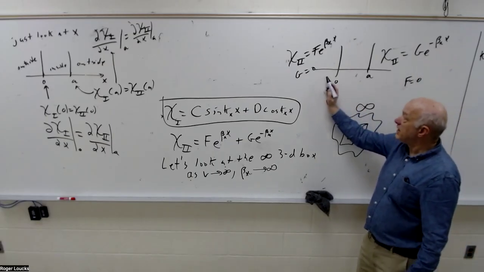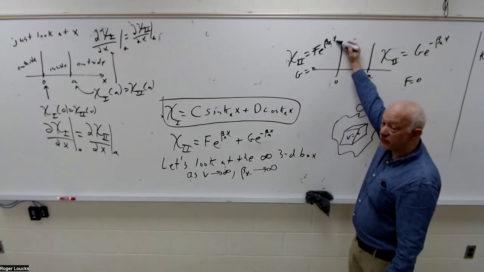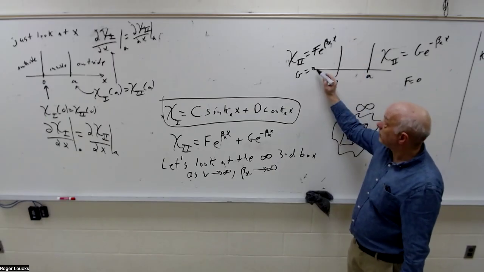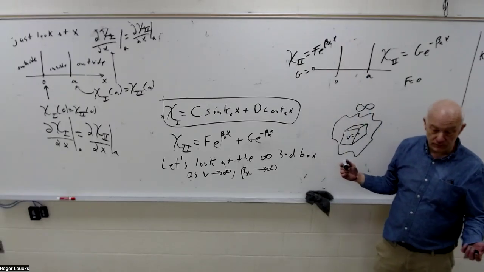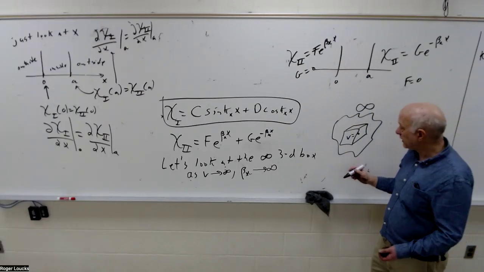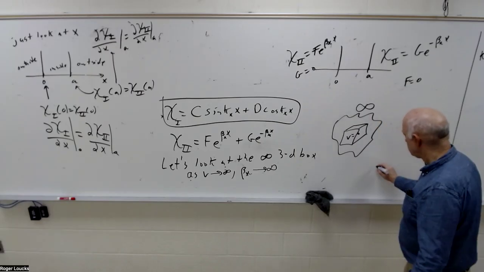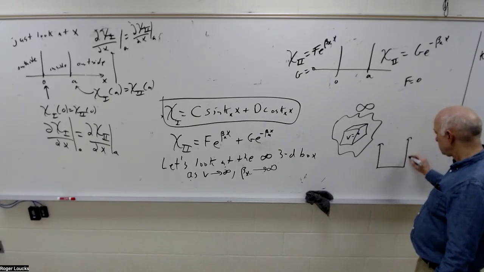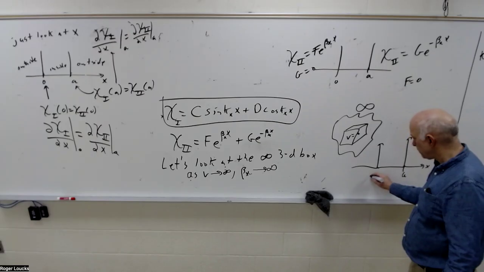0. The x values here are all negative. So if this x is even slightly negative, which it has to be because it's over here, and if this beta x goes off to infinity, what's the wave function there? 0. So what's going to happen when we do this problem is that, this is a, this is x, this is my 0.